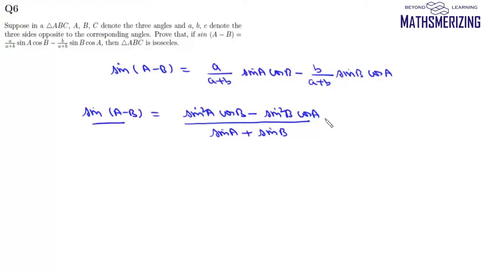Now we'll write this sin(A minus B) as sin A cos B minus cos A sin B, and we'll cross multiply.